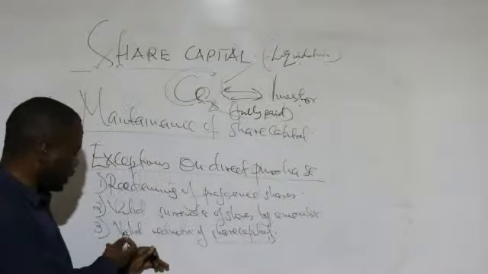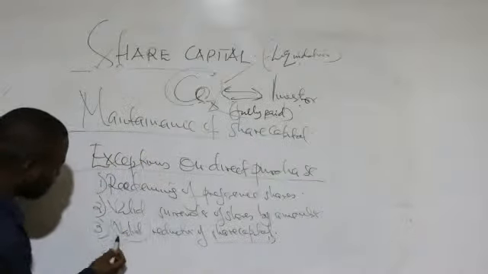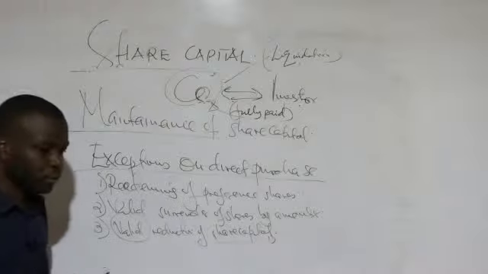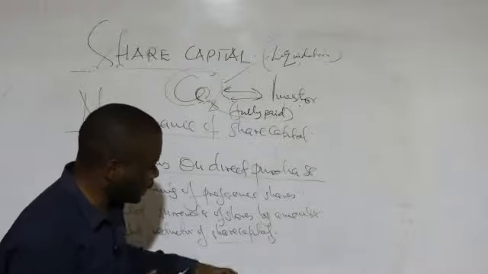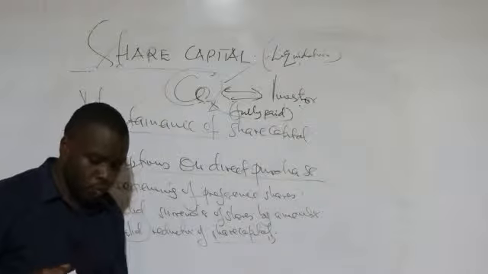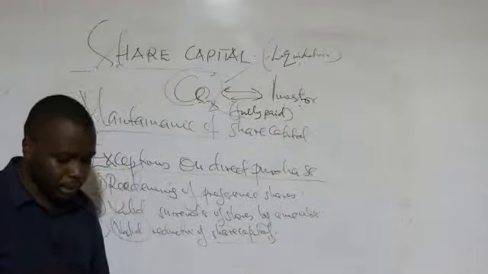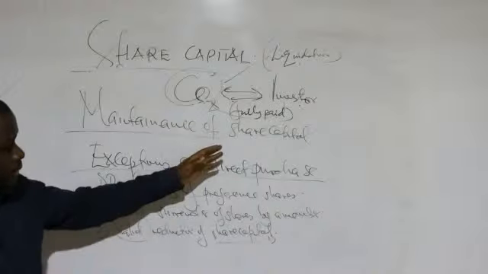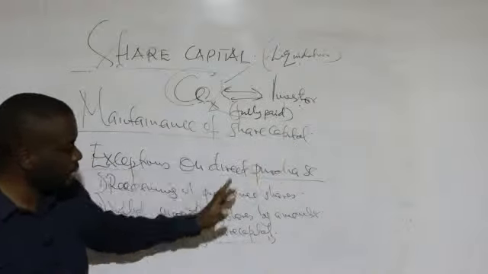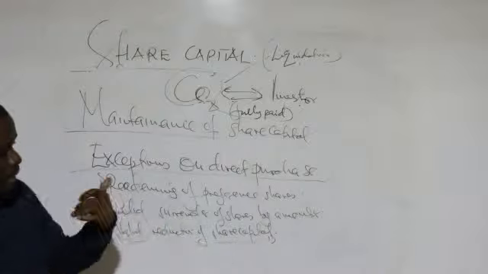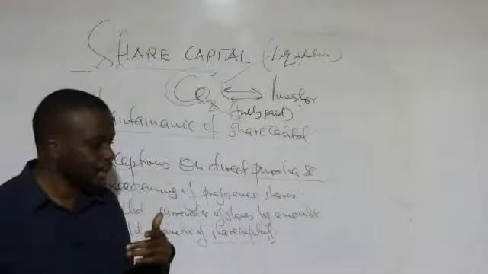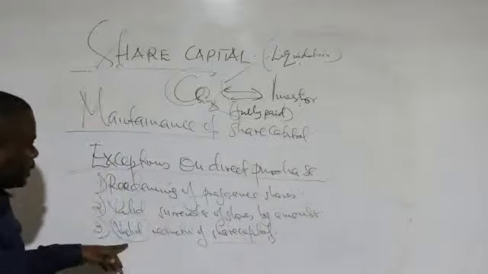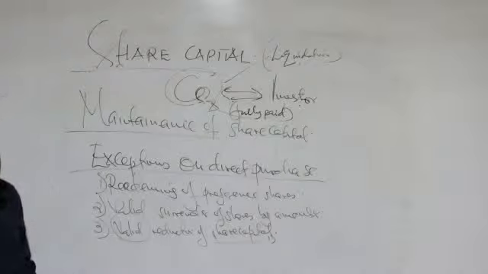That's why they use the term valid. It must be valid. In this one we'll see that the court has to be involved, and the creditors of the company must approve the valid reduction of the share capital. In such a scenario, the company can buy back its shares because it has validly been allowed to purchase its own shares.